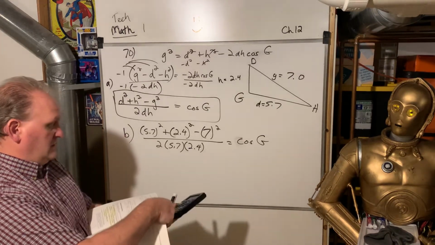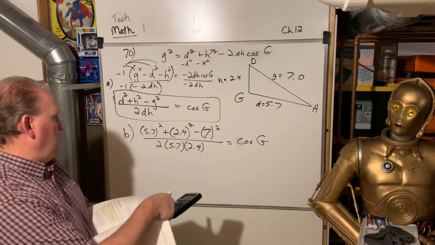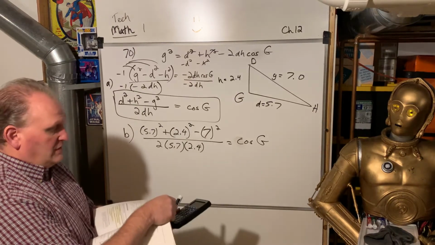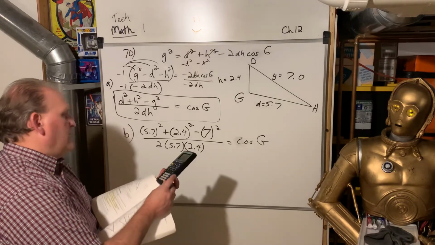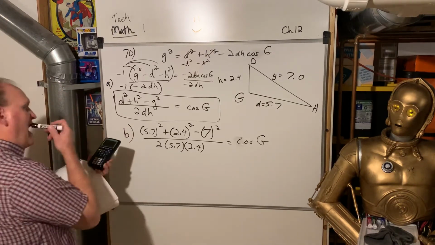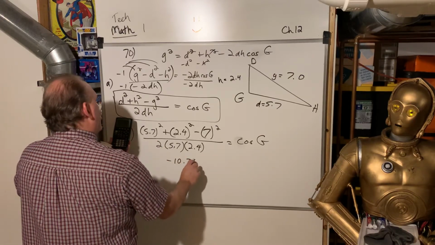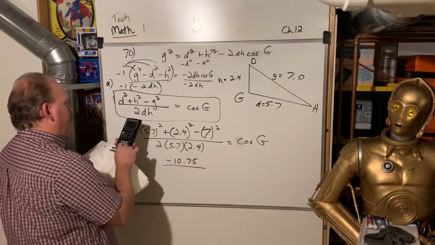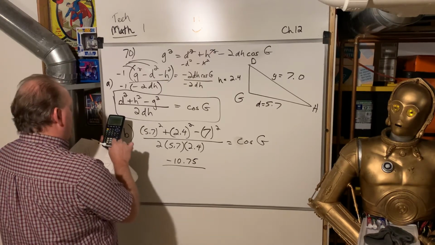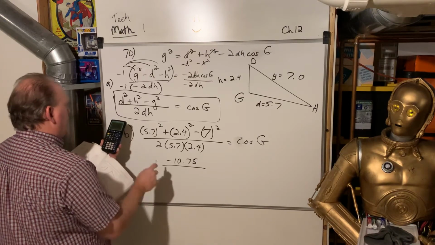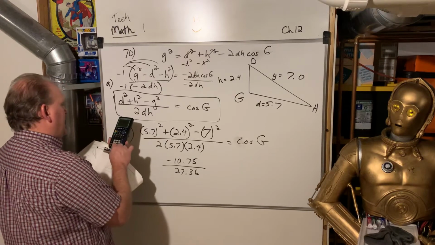I got the g in the wrong spot. dh. Oh no, it's a negative one. Okay, that's okay. We're good. All right, so on the top it's negative 10.75. On the bottom, 2 times 5.7. And so divide it.